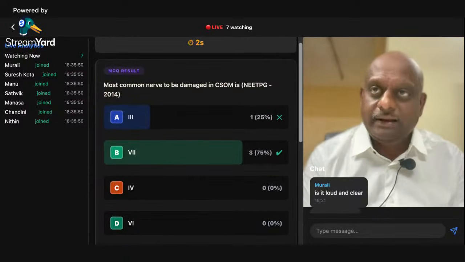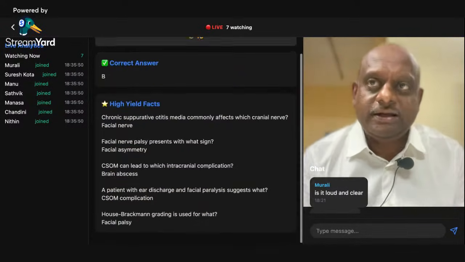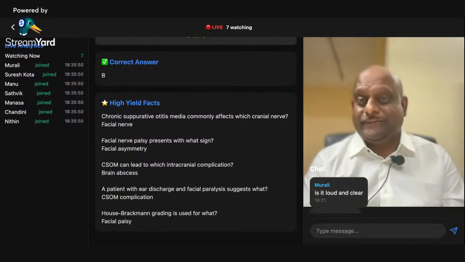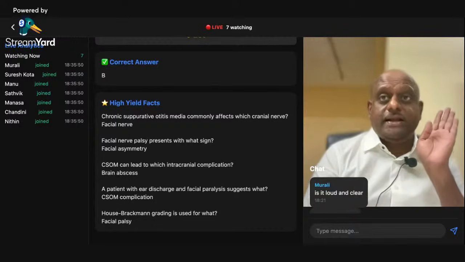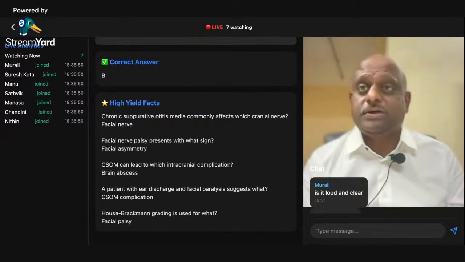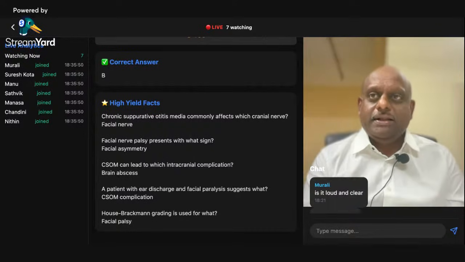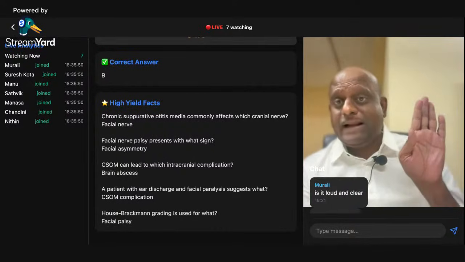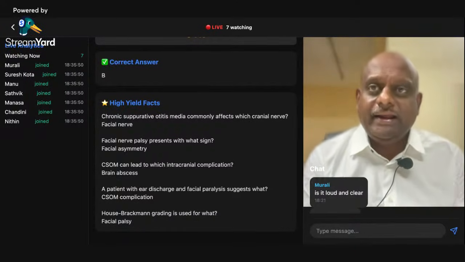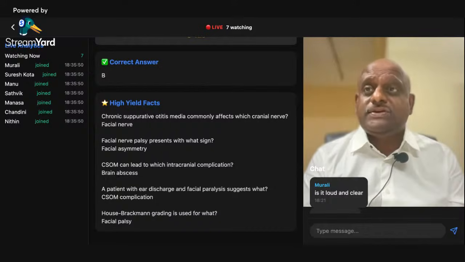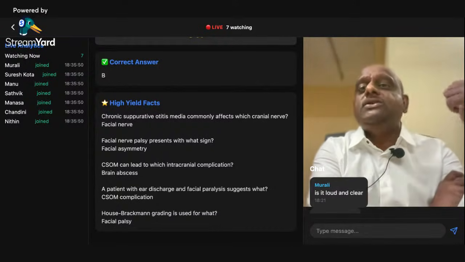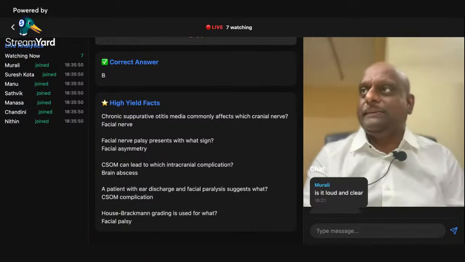So CSOM commonly affects the facial nerve that leads to facial asymmetry, and CSOM can lead to brain abscess. Whenever there is any ear discharge with facial paralysis, only think of CSOM and its complication. And House-Brackmann grading is typically used for the degree of facial palsy, is what you need to remember.